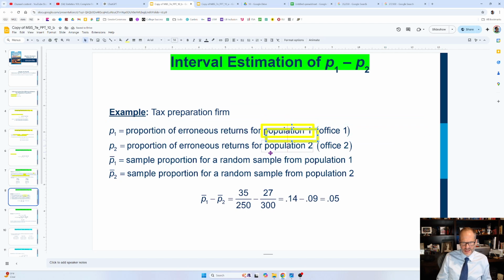And then I could also do it for sample. That way it's really clear what we're looking at and the difference between population and the sample proportion, the sample proportion for a simple random sample from population 1 and the proportion of erroneous returns for population 2.